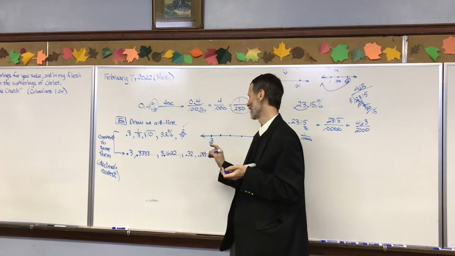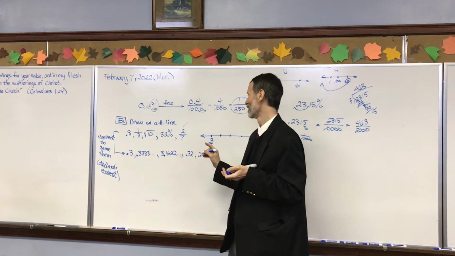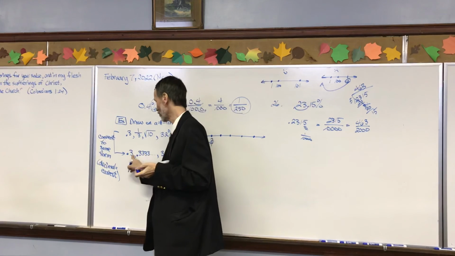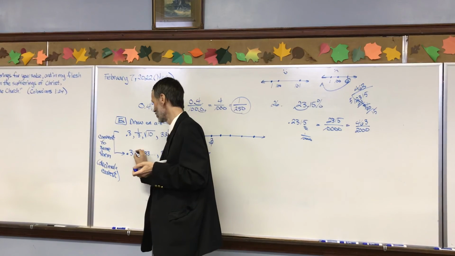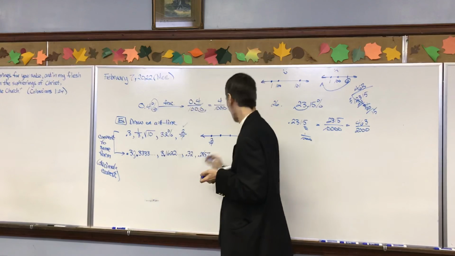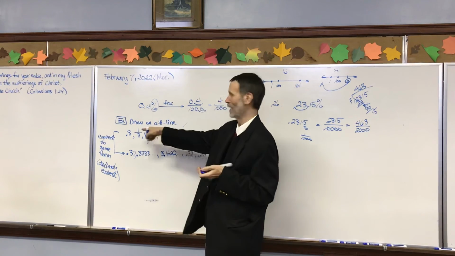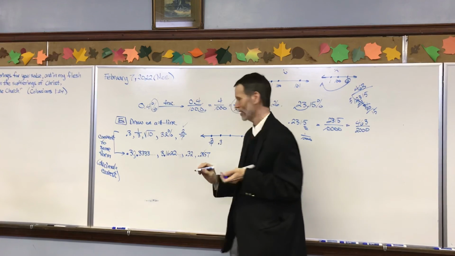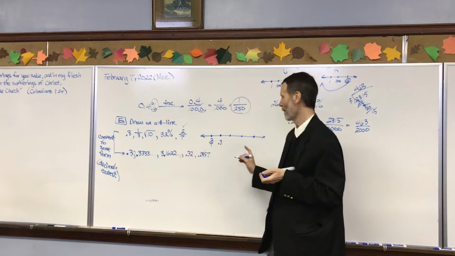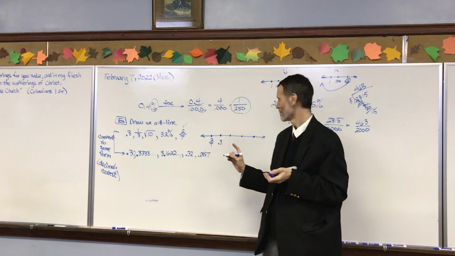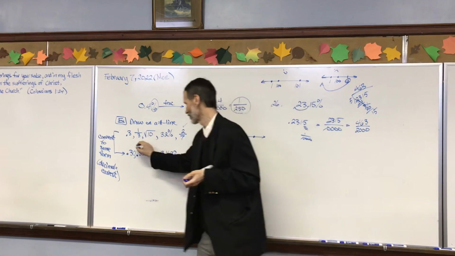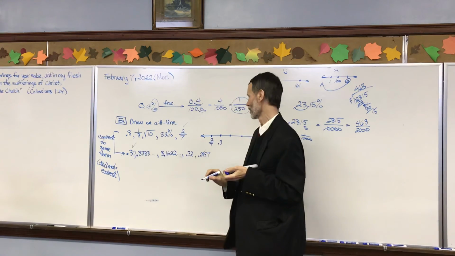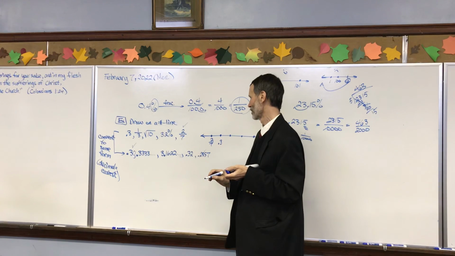So what's the next smallest? 0.3. 0.3, because it's really 0.30, and that came from what? 0.3. Good. Keep going. Mary, get the next one. 32%.